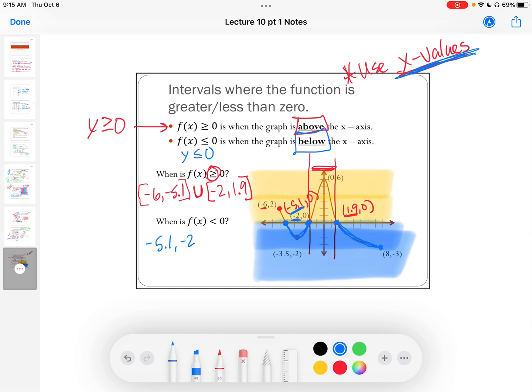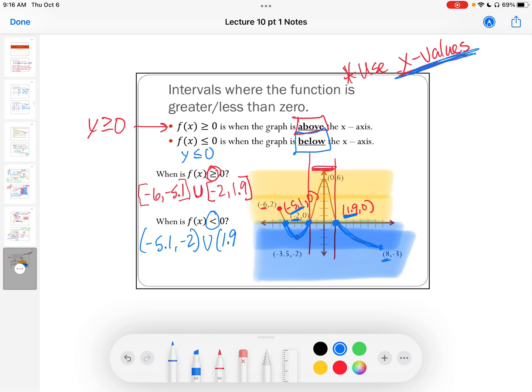Am I including these points for f of x being less than 0? No, because we are not including 0. Okay, so it's from negative 5.1 to negative 2. This section right in here, it is below 0. In union with, I got this point over here, positive 1.9, all the way down to 8.